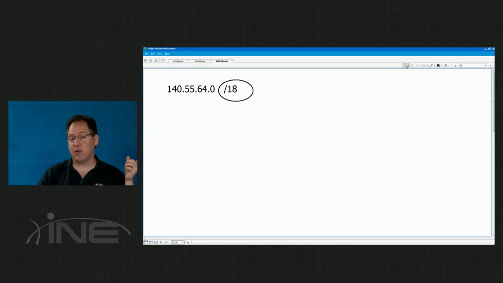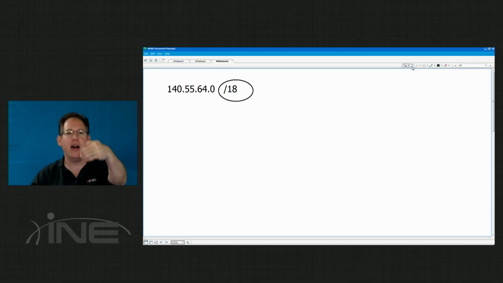That is not a classful mask. A classful network would be a /16 because 140 is a class B address. But here, the service provider is giving me a /18. So if I'm going to take that one network and subdivide it into subnets, I'm going to have to go beyond /18.